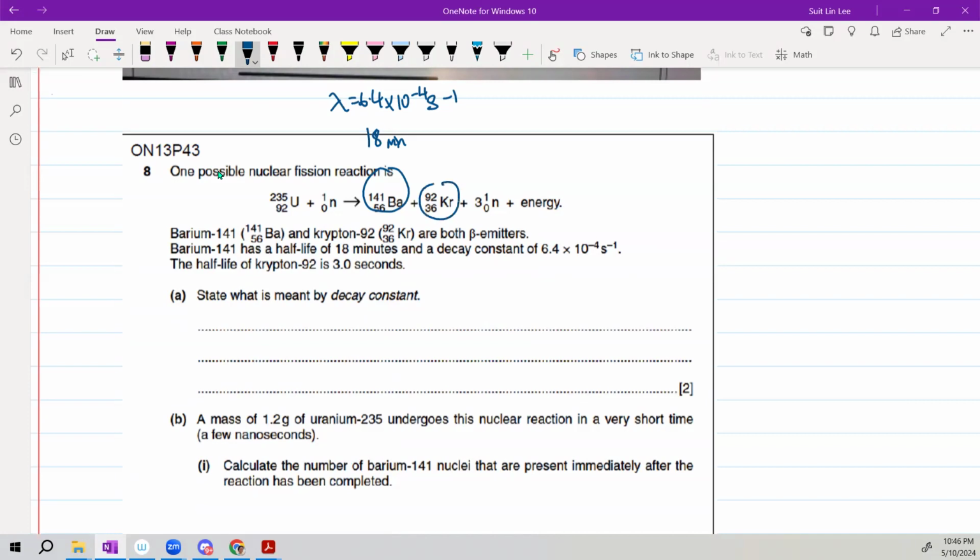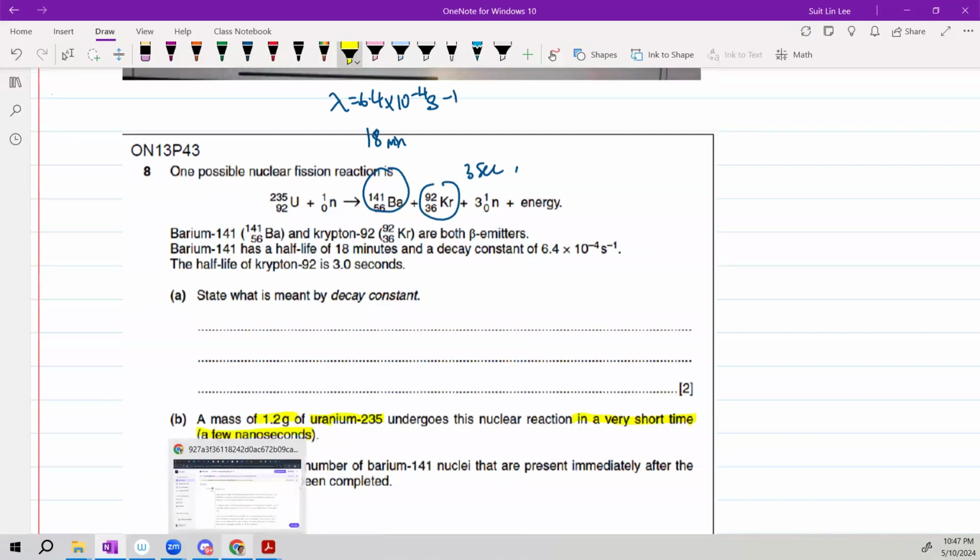The half-life of krypton is very short, 3 seconds. A mass of 1.2 gram of uranium-235 undergoes this nuclear reaction in a very short time, a few nanoseconds.